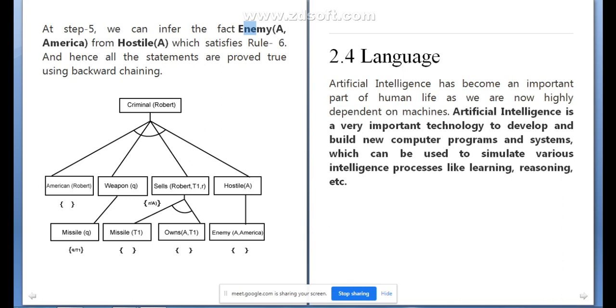So this way we infer this particular fact, and this satisfies rule number 6, and hence all the statements are proved true using backward chaining. So from rule 6, all the statements are true, and hence we prove that, from all the conditions being true, the robot is a criminal. So this way we have the proof of backward chaining.